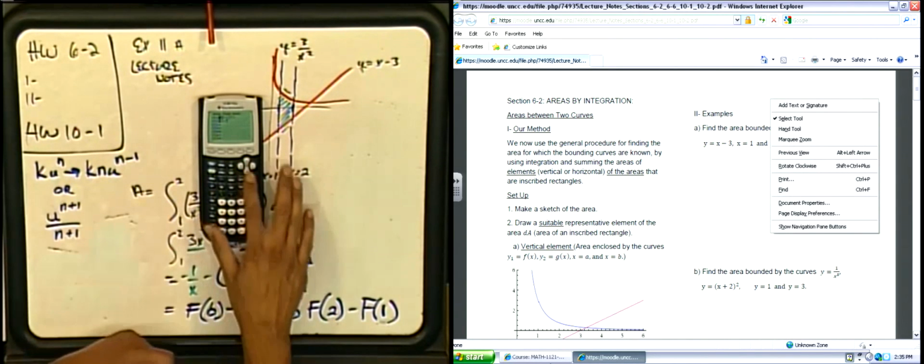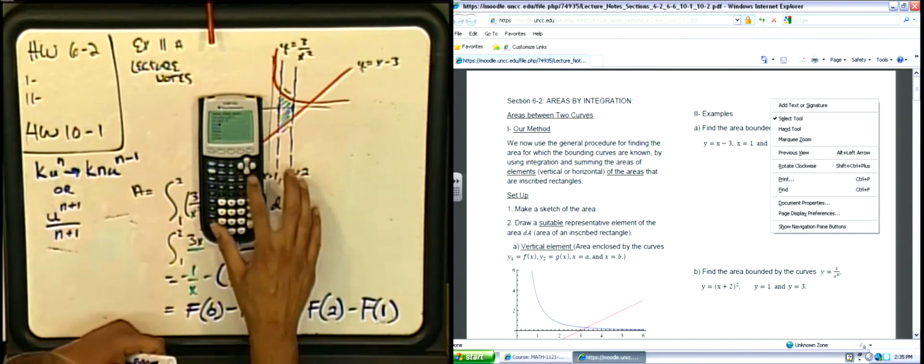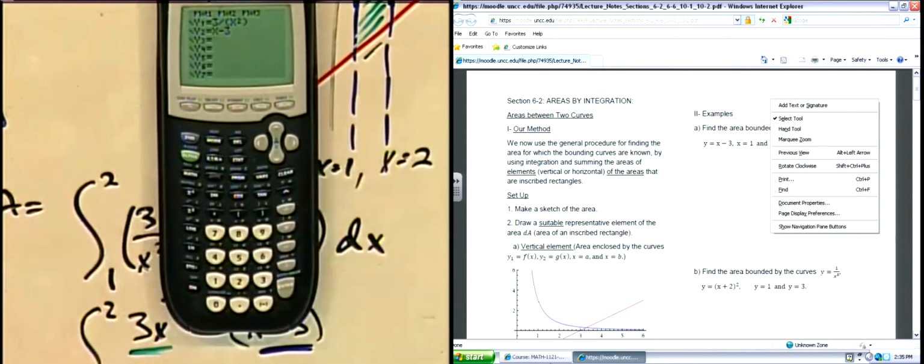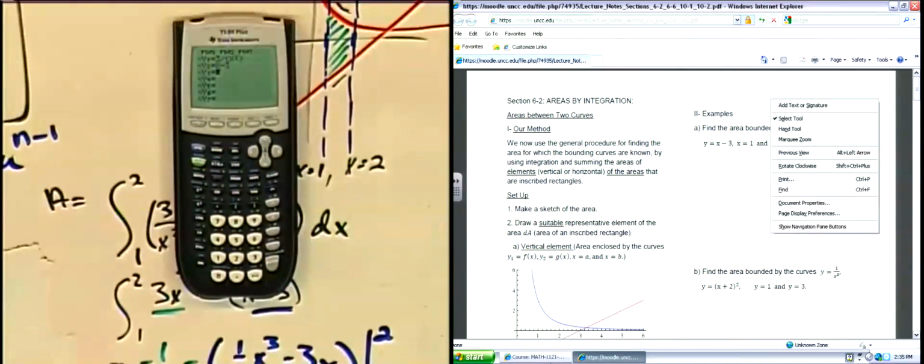Y equals, type in your antiderivative right here.